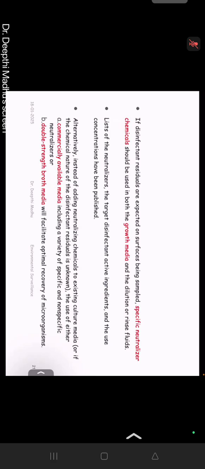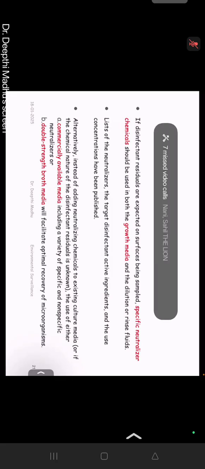So what we need here also is neutralizing agents. The list of neutralizing agents is usually available, as there are common neutralizing agents which can act on most of the disinfectants, or you can use double concentration media. So these disinfectants will get diluted and the microorganisms can be recovered.